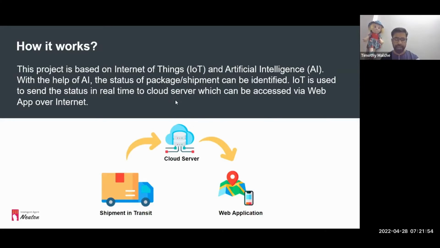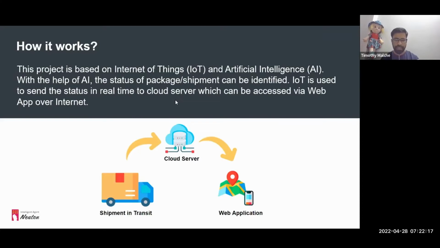And how does this project work? The shipment or the package that you have seen contains the processor or microcontroller unit equipped with sensors. I'm going to discuss what kind of sensors I have used in the coming slides also.